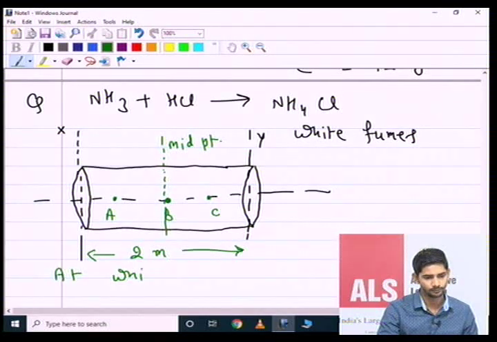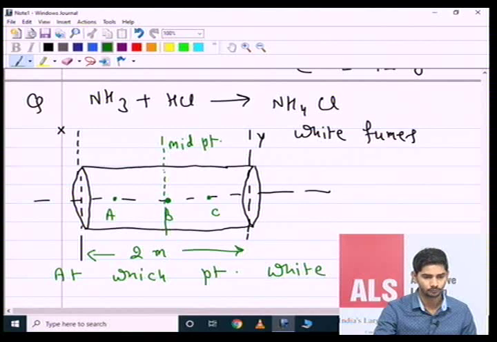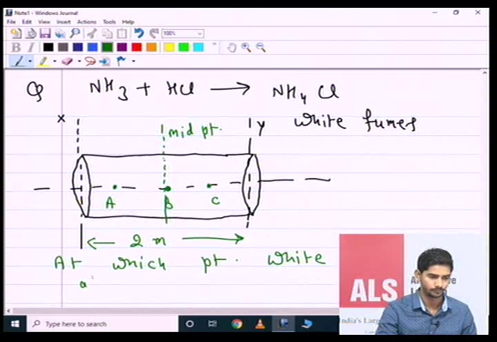at which point will white fumes appear first?